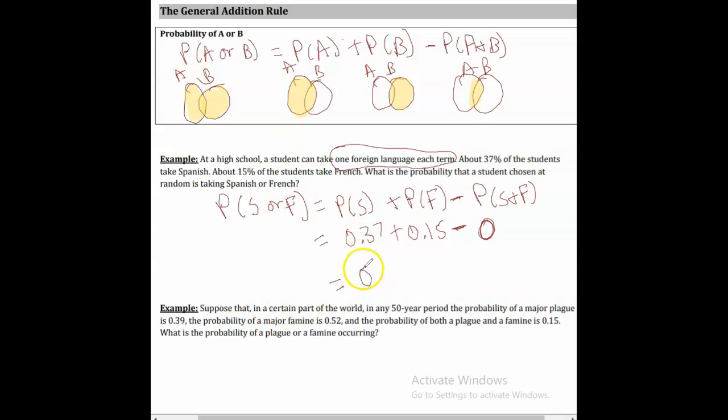So my probability of taking Spanish or French would be 52%. And remember, we knew the probability of both was 0 because they're mutually exclusive, meaning they can't happen at the same time.